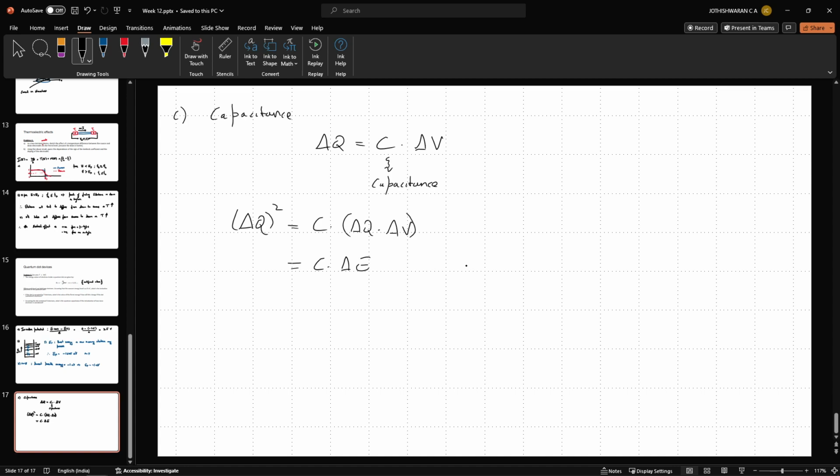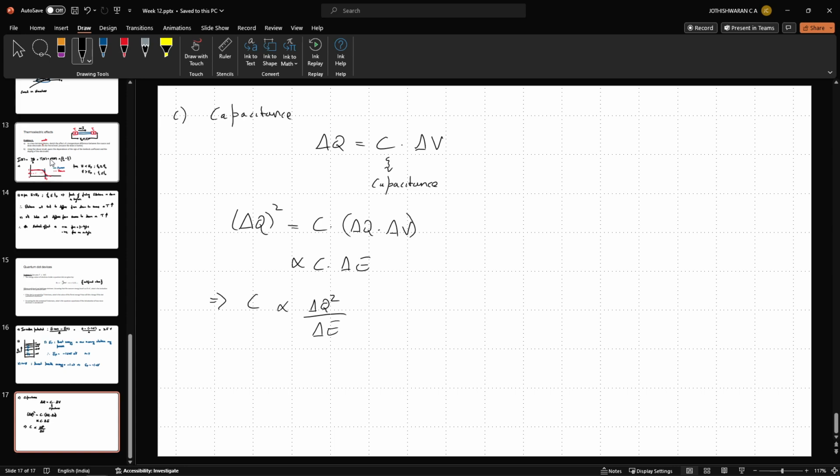So essentially, I should not have just written this. I should have written this as proportional to this, which implies C is proportional to delta Q squared divided by delta E. So this is another way of looking at the capacitance. We can either look at it in terms of the voltage change or in terms of the energy change.